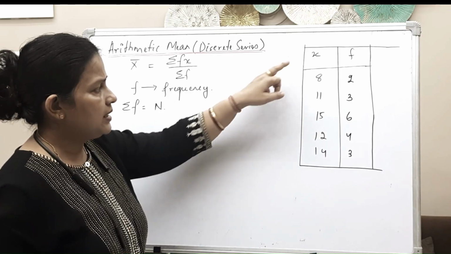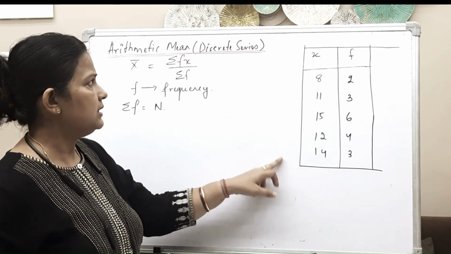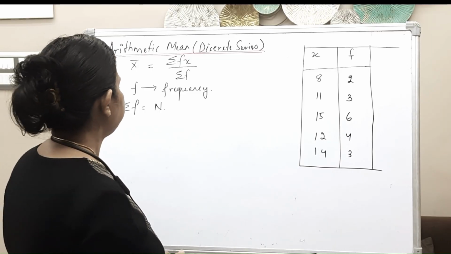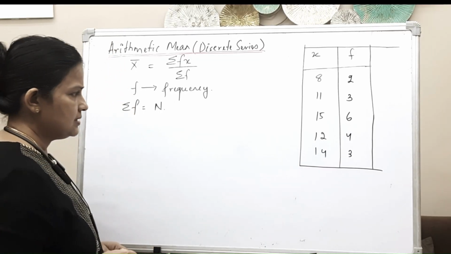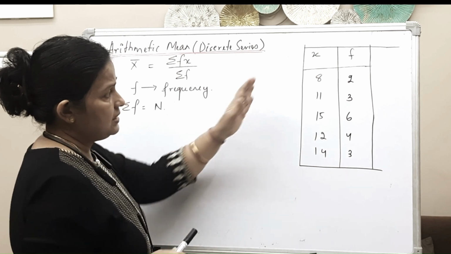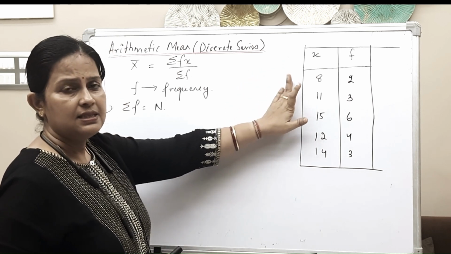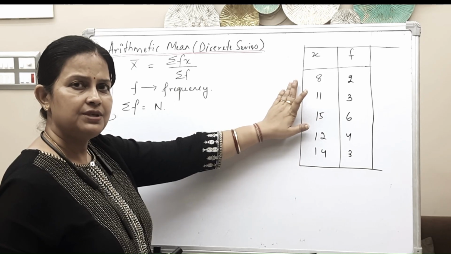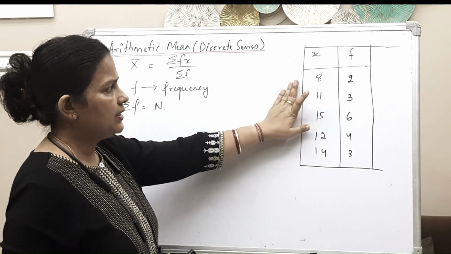So here I have taken one example and we will discuss discrete series. If you see, discrete series is nothing but a form of individual series only. How can we write it?